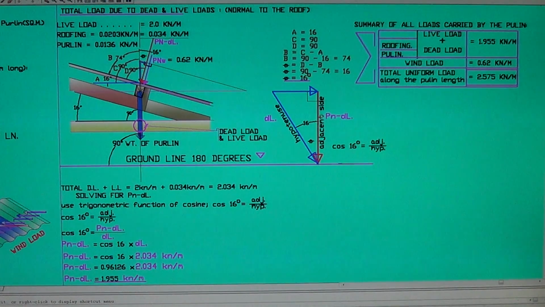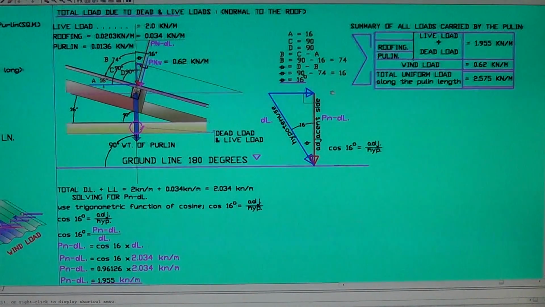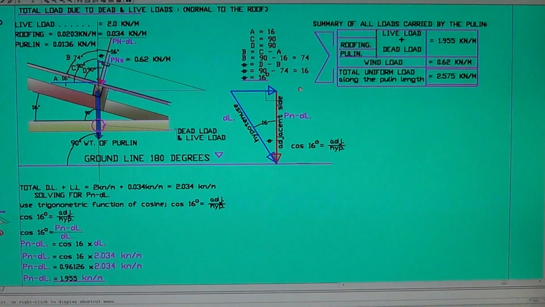So we have the Pn due to dead load and live load, and we have the wind load. Then you're gonna make a summary of the loads right here. Summary of all loads carried by the purlin. Okay, the dead load plus the live load combined, we combined it here, is 1.955 kilonewton.